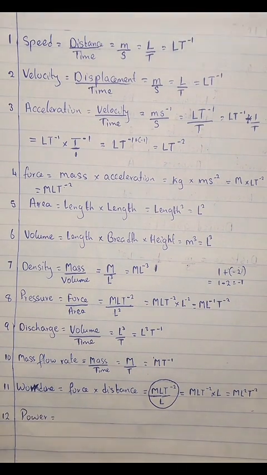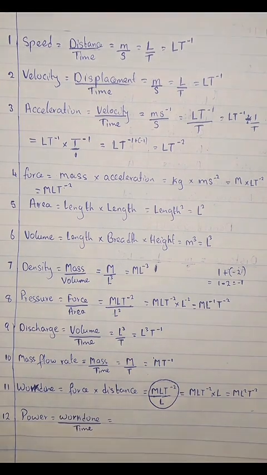If you notice, we are actually dividing here, so be cautious of your basic operations. And if we follow the law of indices, we have ml square per t cube, and this is our final answer.